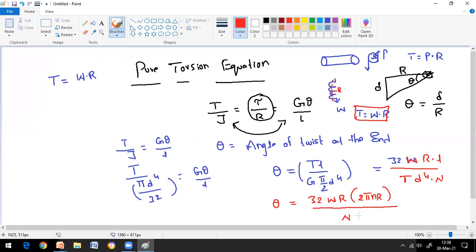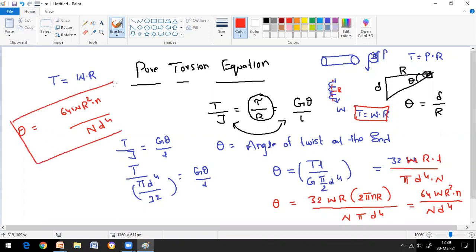So this is pi d power 4. Finally, this can be written as 64 W R square into N by G d power 4. Clear? So this is the final relation to calculate theta of the spring: 64 W R square into N by G d power 4.